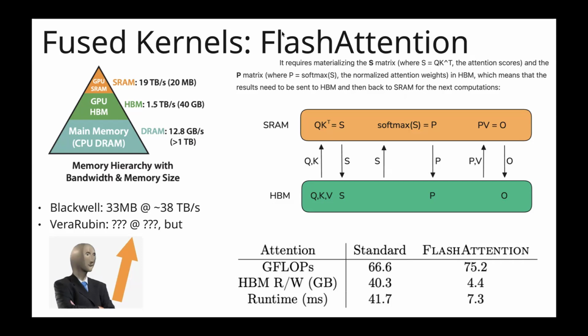So basically, the bandwidth is bigger, but also the amount of memory is slightly bigger. I wasn't able to find numbers for Vera Rubin, but rest assured, this is NVIDIA and we're in the scaling age, so I believe these numbers should go up and to the right. The memory gets faster and there is more memory.